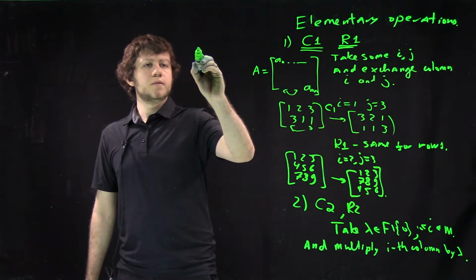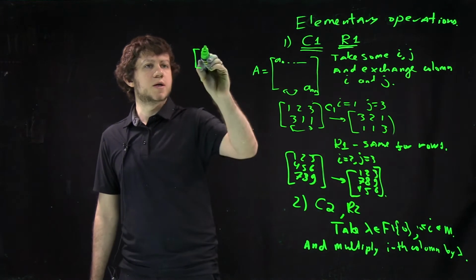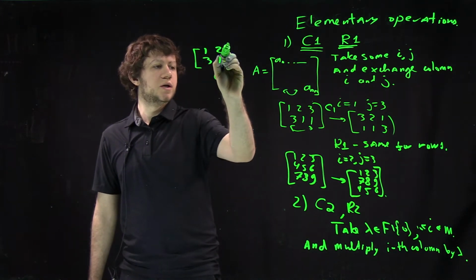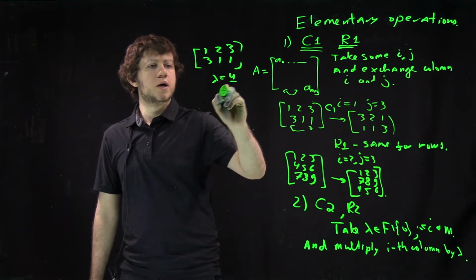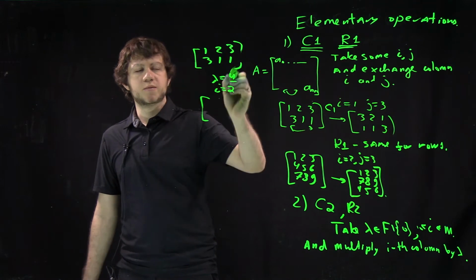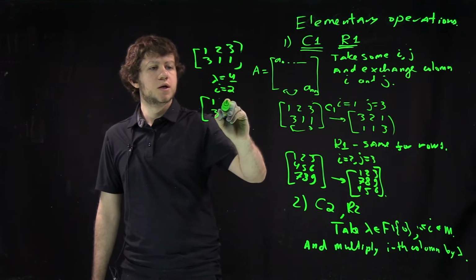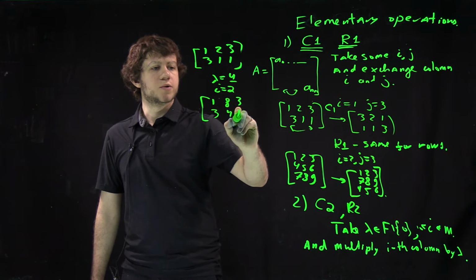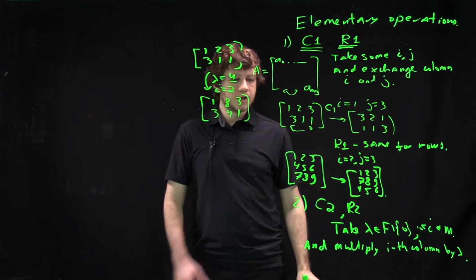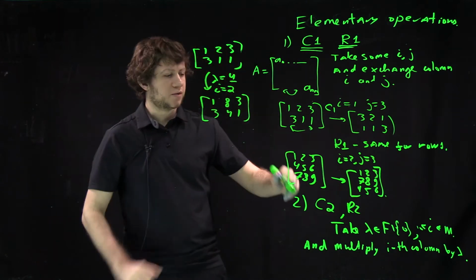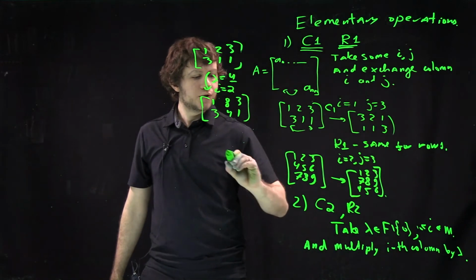So for instance, you take the same matrix like 1, 3, 2, 1, 3, 1, lambda equal to 4, and I equal to 2. So you take the second column, multiply by 4, and you get 1, 3, 8, 4, 3, 1. Something like that. And similarly for rows, you can take any row and multiply it. So this is the second operation.